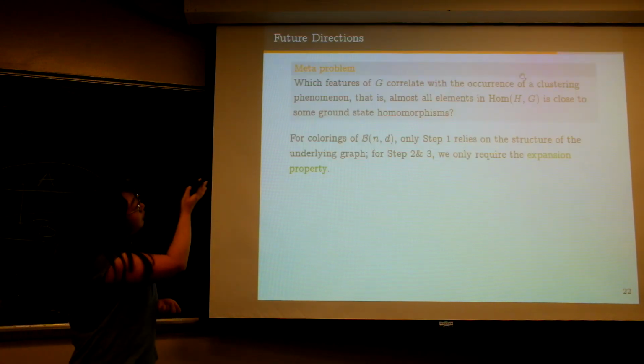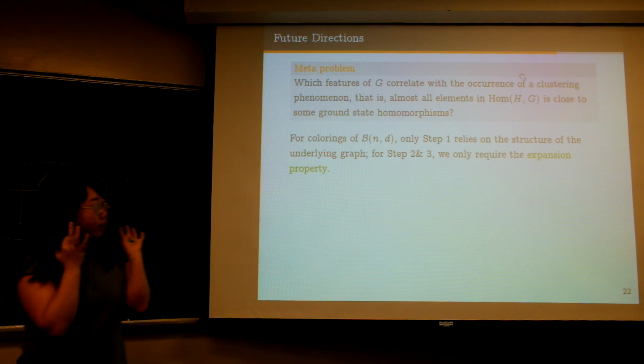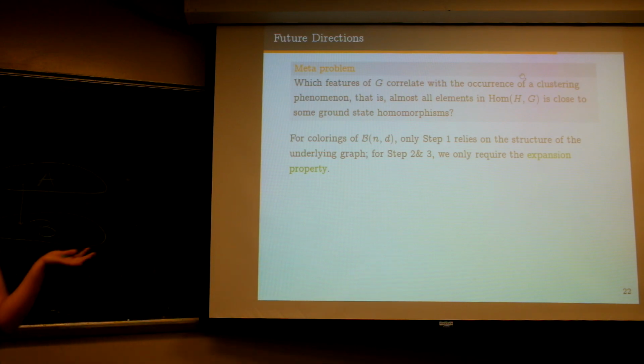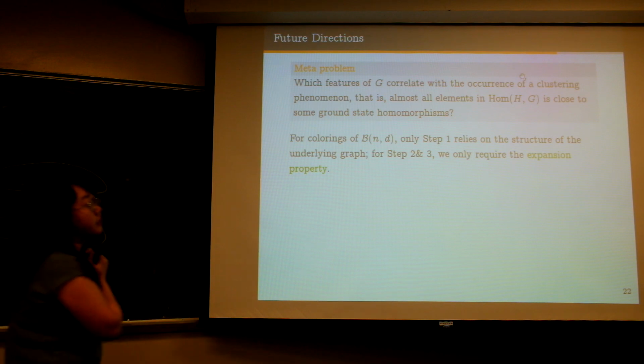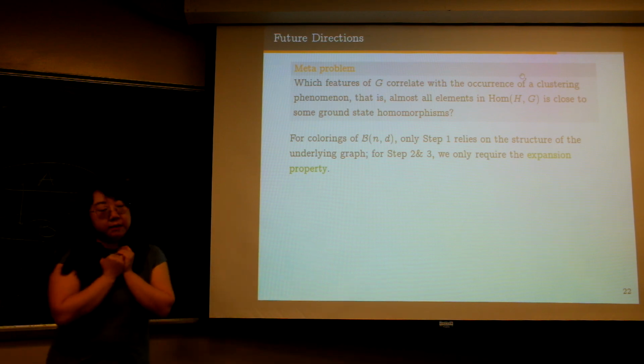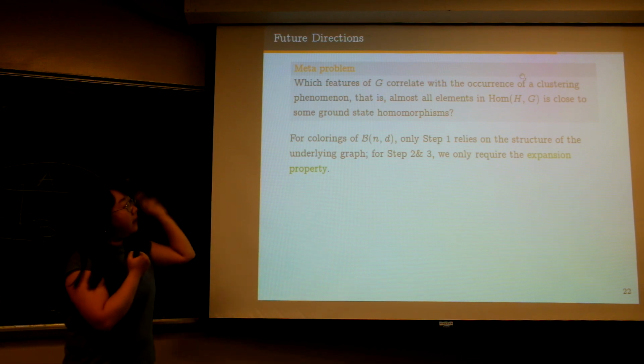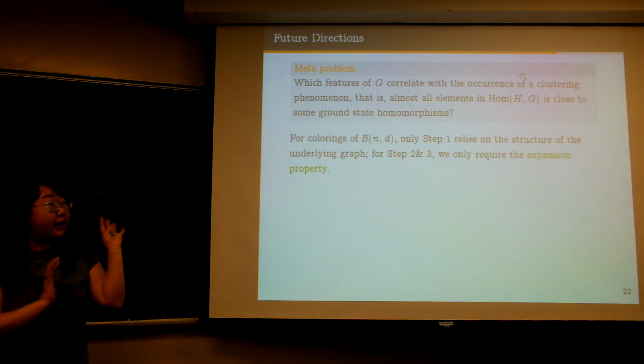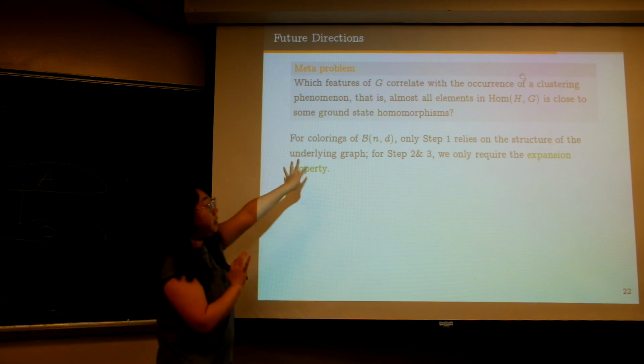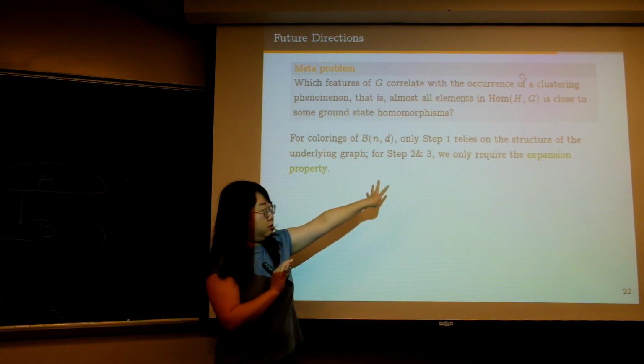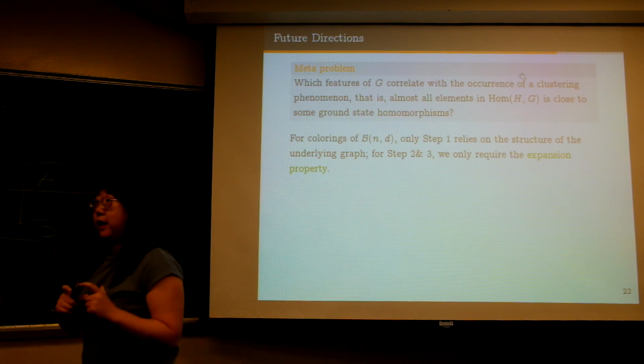As I showed you before, this is a big fundamental problem: what feature of G correlates with the occurrence of the clustering phenomenon. But indeed, as I briefly mentioned in the proof idea, for the coloring of the middle layers, only step 1 relies on the structure of the underlying graph.